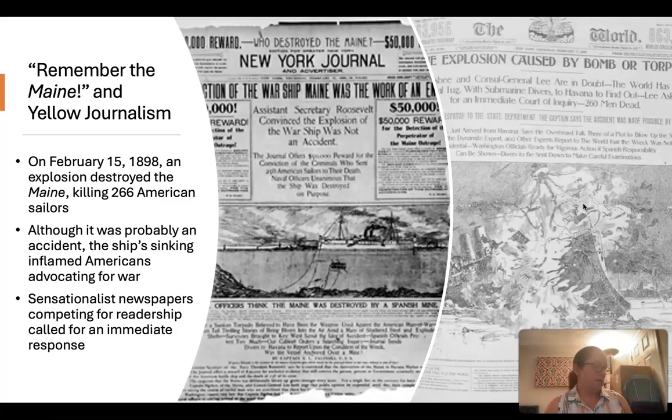So the press had been printing stories like this for years, but it's really not helping to pacify the growing number of Americans who are calling for war. And all of this push really helps to shape American public opinion. Some in the United States are really preparing to capitalize on the impending conflict with Spain.